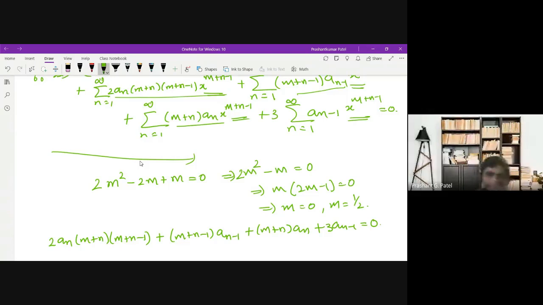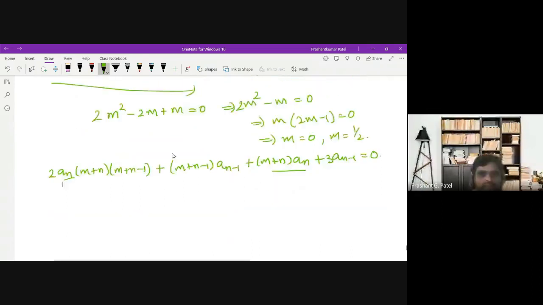Okay. Here I can take common out from these two, that is a n. Plus 1 also common out, a n is also common. So what is left from this? Here it is left with m plus n minus 1 plus 1.